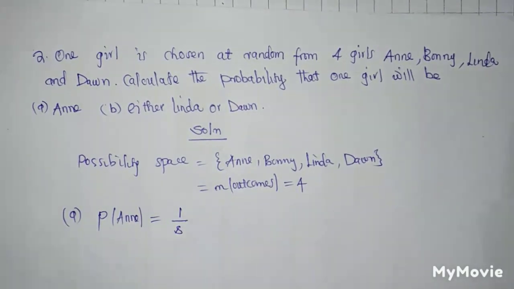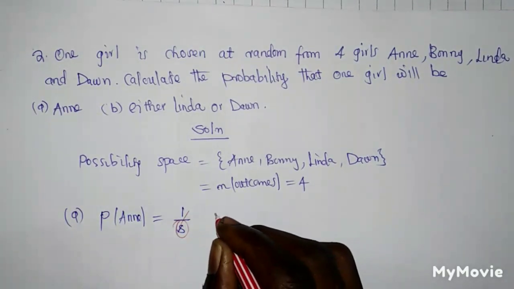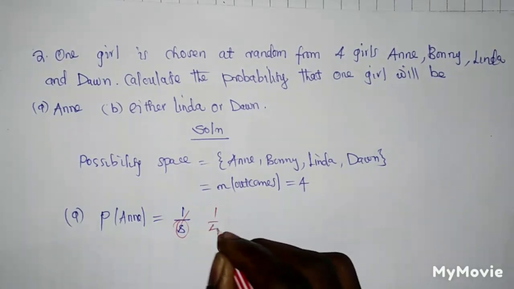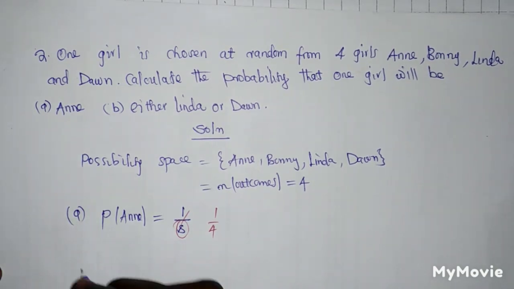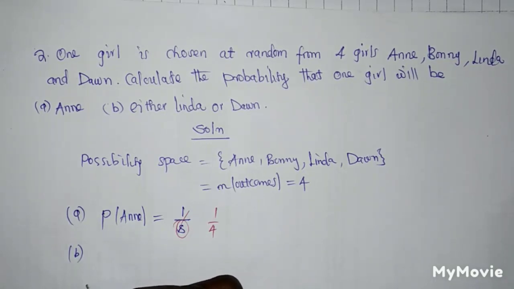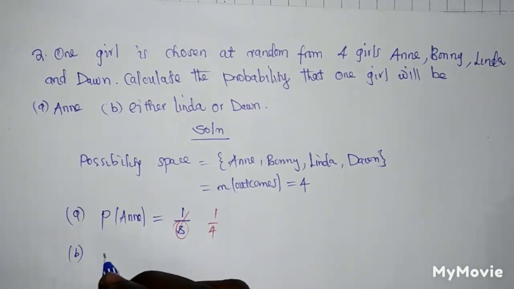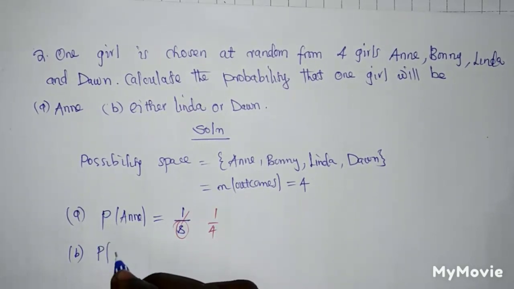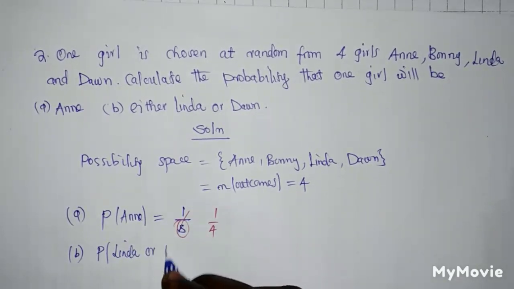Sorry to say, the probability of picking Annie will be 1 over 4. And B, the probability of either Linda or Dawn.